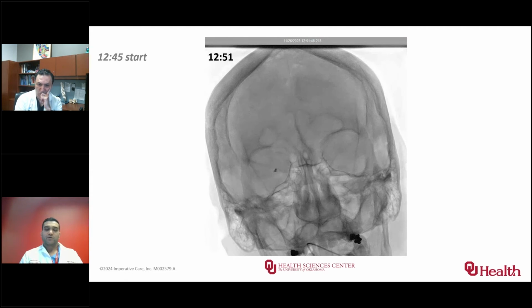And when you climb up and you utilize the equipment to its fullest potential, you can enhance the aspiration because you've essentially occluded the MCA and you blocked off the ACA. So you're not worried about backflow. I mean, once the 88's out in the MCA or close to the MCA, you're in pretty good shape when it comes to aspiration.